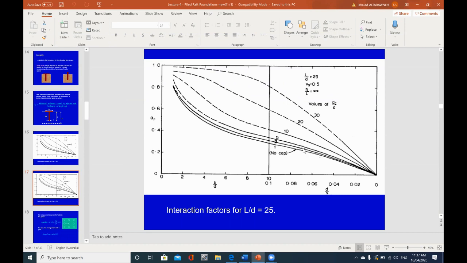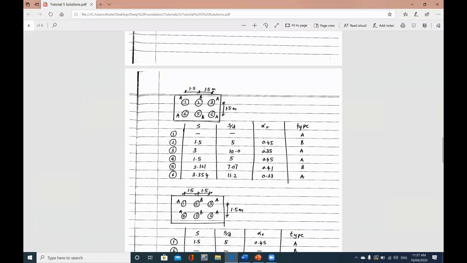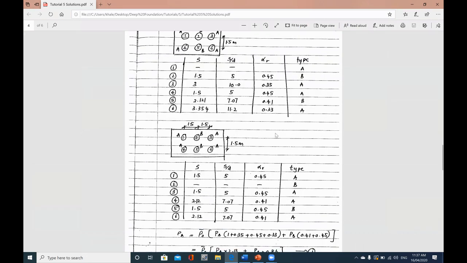So it will be somewhere here, between these two lines. And then we need to read the value of alpha r and put the value of alpha r in these tables corresponding to the type of the foundations. And then we need to use the equations.